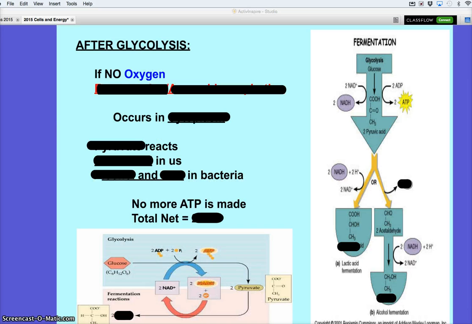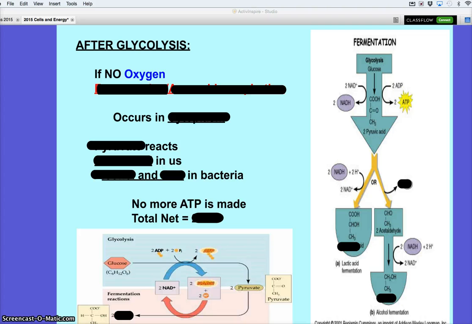We're going to go back. We had glycolysis, which took place where? Nope. Cytoplasm. If oxygen was floating around the cell, what happened next? What do we call Krebs and ETC if oxygen is floating around? Aerobic respiration.